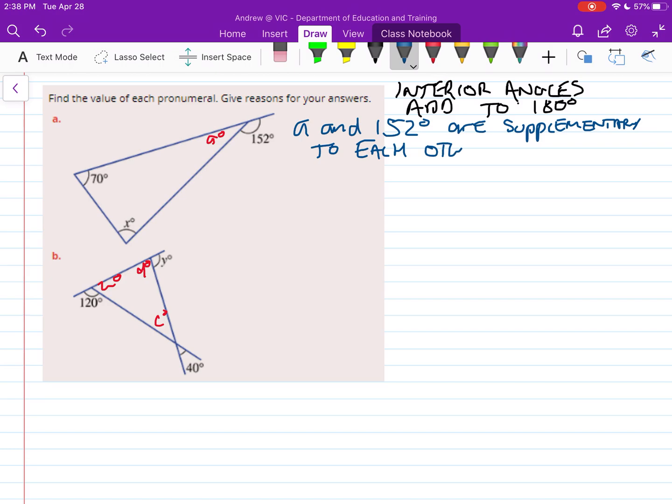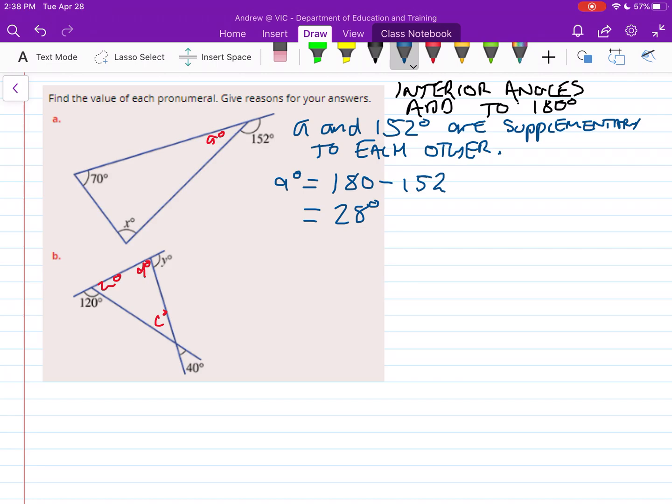This means that these add up to 180 degrees. So to find A, this is equal to 180 minus 152, and this is equal to 28 degrees.